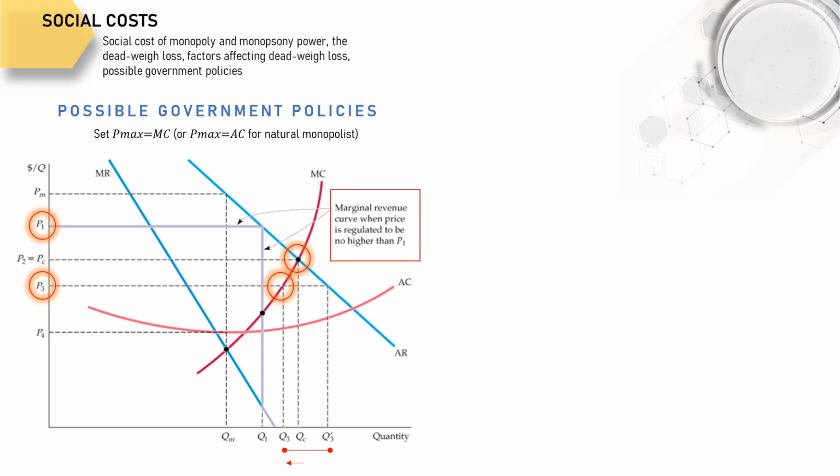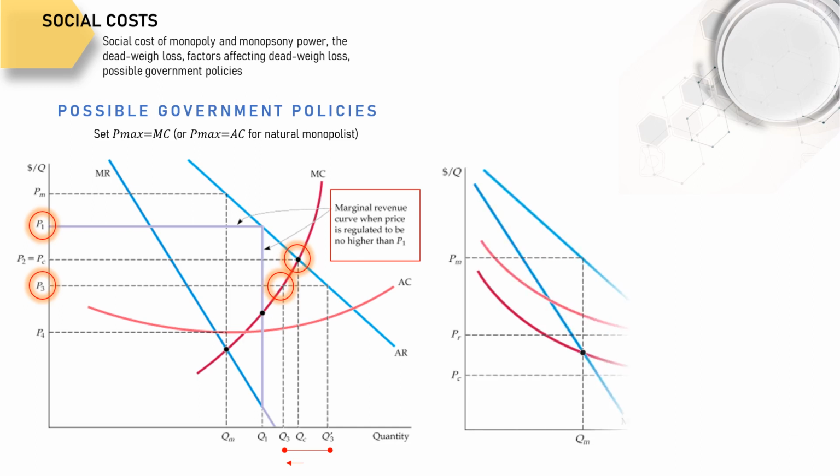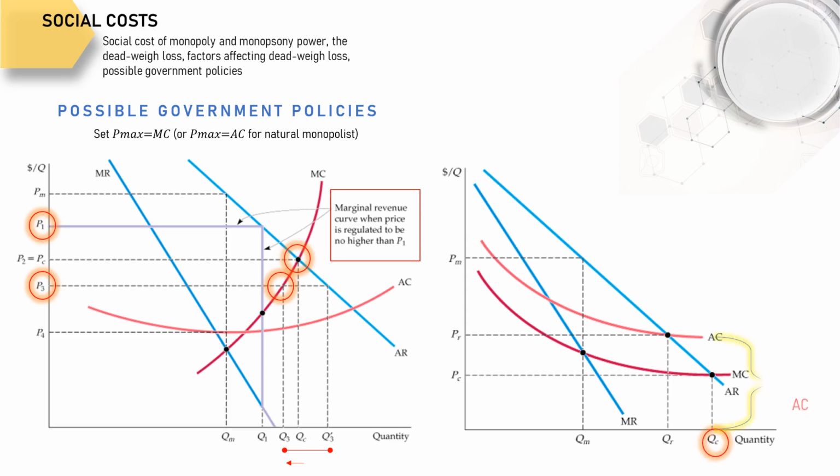However, if the monopolist is a natural monopolist, it experiences economies of scale. Therefore, the firm's AC curve as well as its MC curve are declining like this. In this situation, setting the price equal to marginal cost is impossible, because at QC here, AC here is bigger than price. Meaning what?